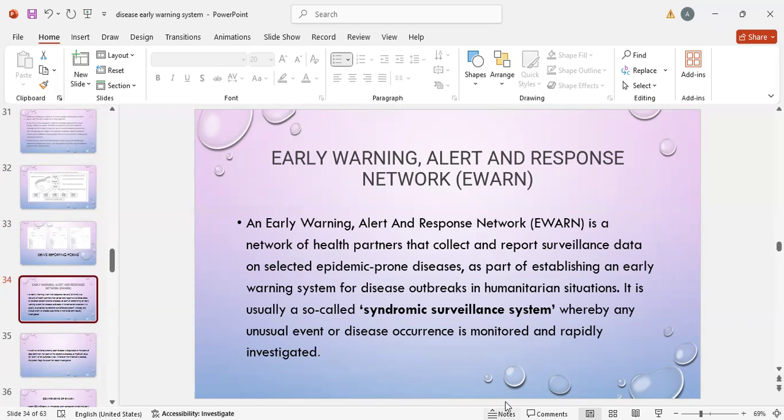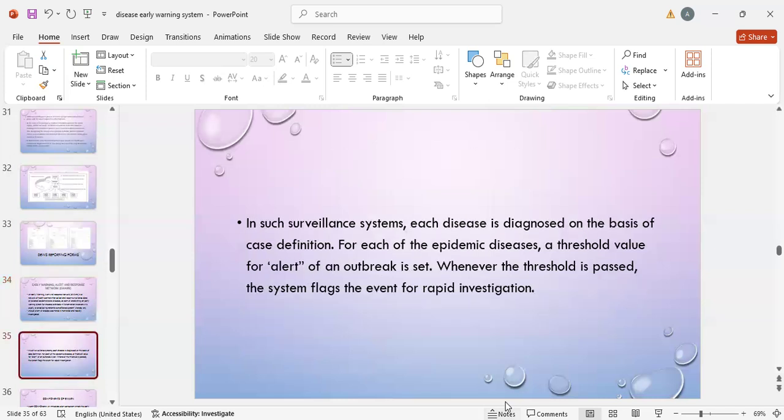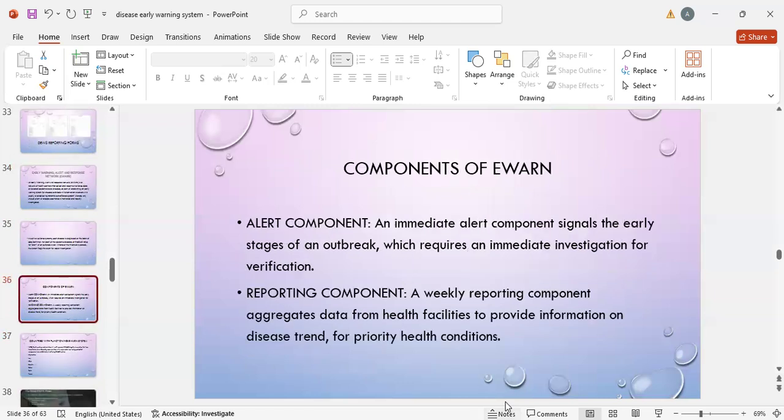It is usually a so-called syndromic surveillance system, whereby any unusual events or disease occurrence is monitored and rapidly investigated. In such a surveillance system, each disease is diagnosed on the basis of a case definition. For each epidemic disease, a threshold value for alert of an outbreak is set. Whenever the threshold is passed, the system flags the event for rapid investigation.